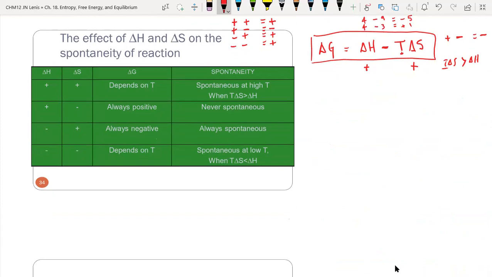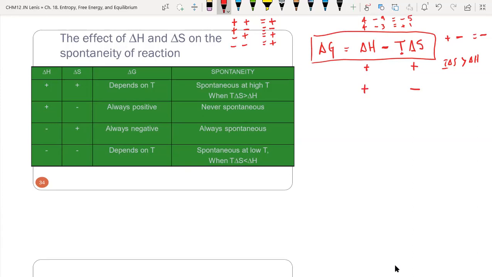Next situation. What about if delta H is positive and delta S is negative? Oh, before I go to this, let's do one more analysis. Does nature love to do endothermic processes? Not that much, right? Because those systems will gain more potential energy.